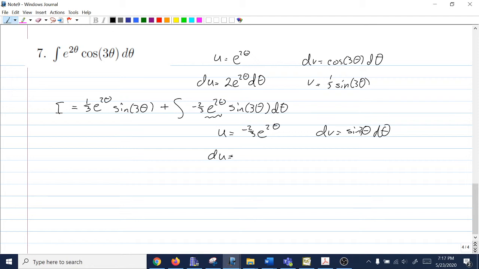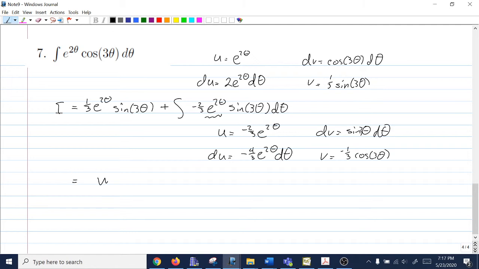So du is the derivative of this, negative 4/3 e to the 2 theta. V is going to be the integral of this. It's going to be negative 1/3 cosine 3 theta. You've got a d theta on you.